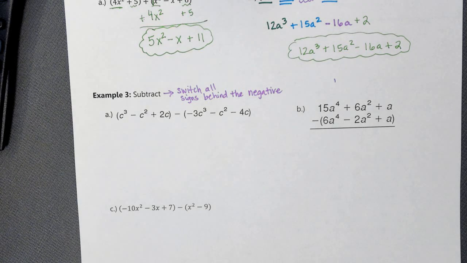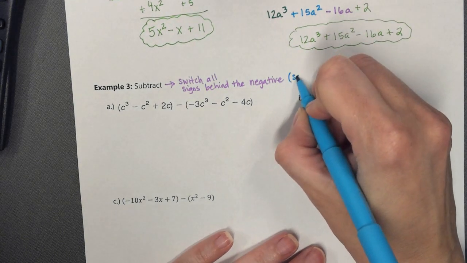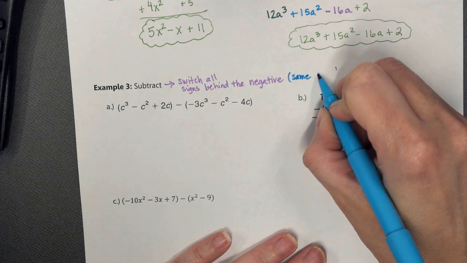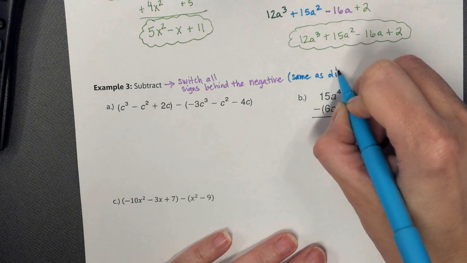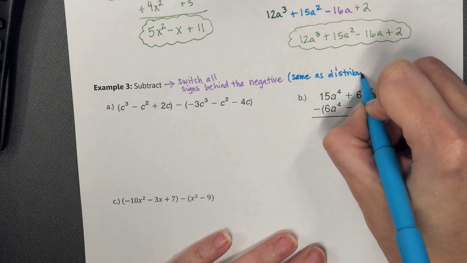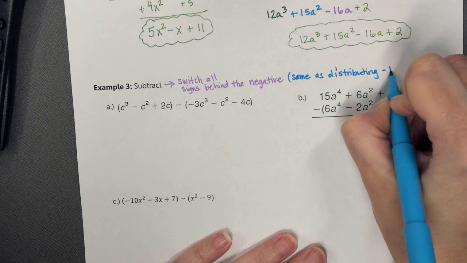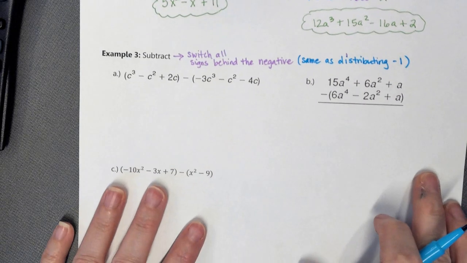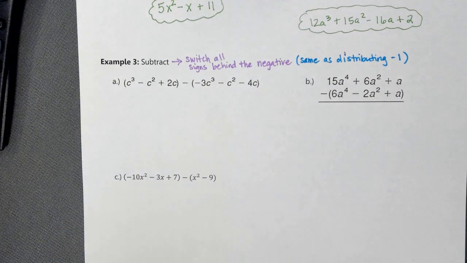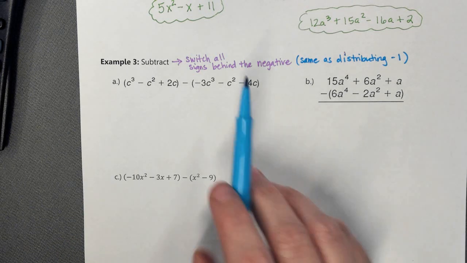Now this is the same thing as distributing -1, which we did practice. This is the same as distributing -1, which we did when we were doing elimination. Sometimes we had to just distribute the negative.